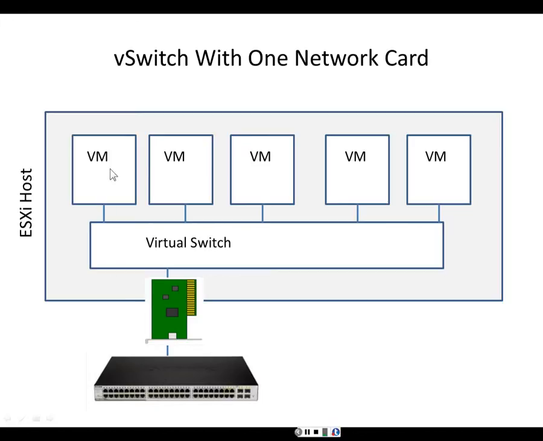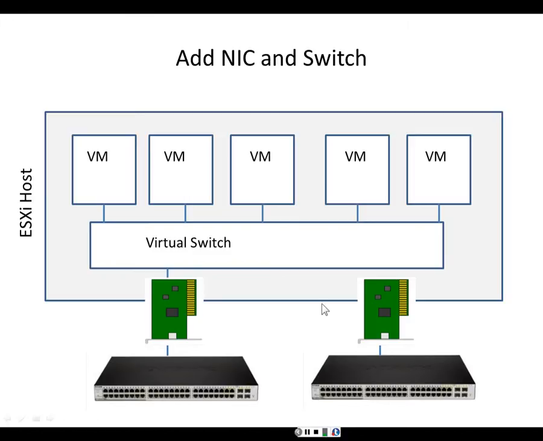In this diagram, we can see multiple virtual machines are connected to a virtual switch to connect to a single physical network interface card to connect to a single switch. However, if we had a second network interface card in that ESXi host hooked up to a second switch, what we could do is add a second virtual switch.